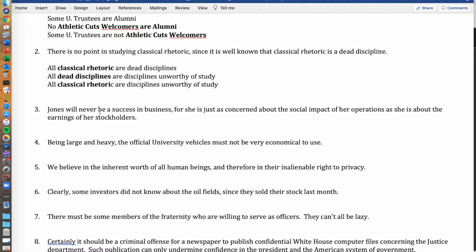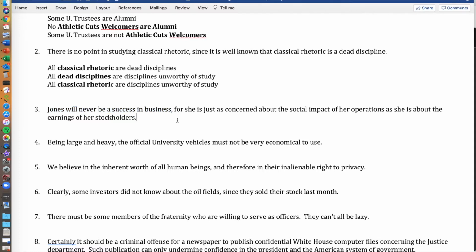So we have this indicator for, and that tells us we're about to get a reason. So this second statement here is the evidence statement, and that's going to become the premise of the syllogism, the given premise of the syllogism. And then that leaves the remaining statement, Jones will never be a success in business. That's the claim of the natural language argument, and it's going to become the conclusion of our syllogism.